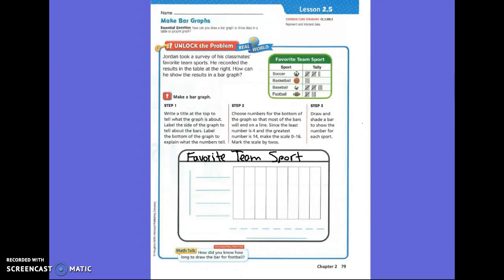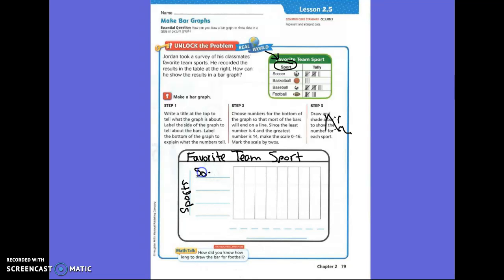And what are all those things? Sports. So do you see how it has sport right here? You're going to write that on the side right here, S-P-O-R-T-S, sports.